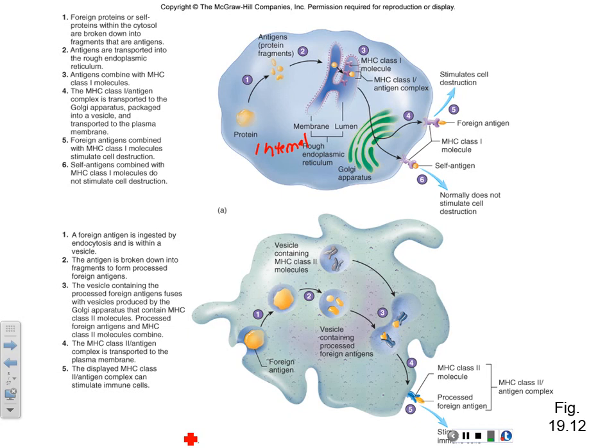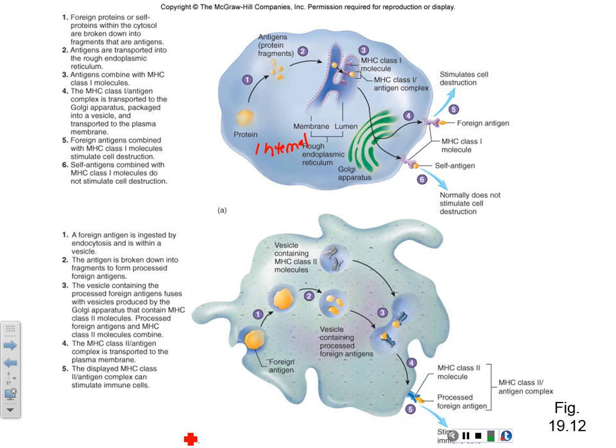Once it's broken down and processed into smaller antigens, then it goes into the rough endoplasmic reticulum, okay, where it will mix with MHC1, and so it will form the MHC1 antigen complex, all right?